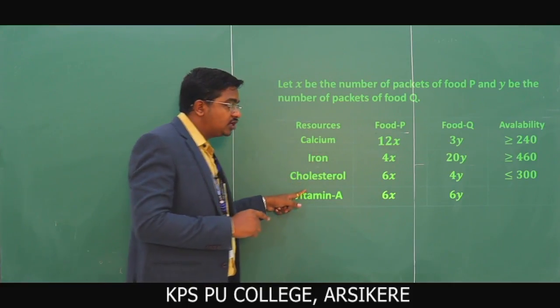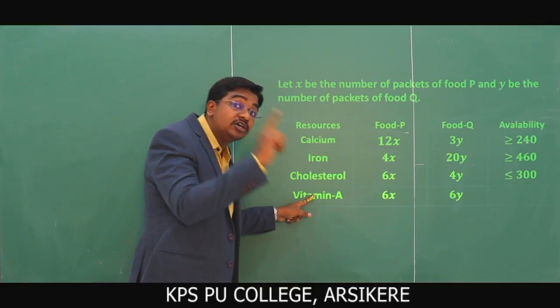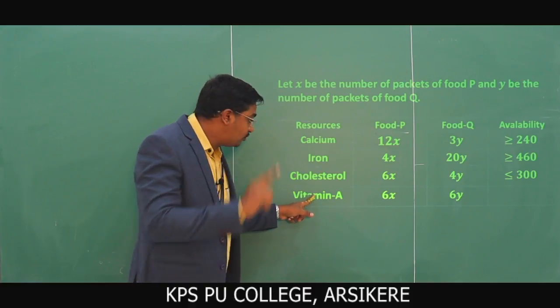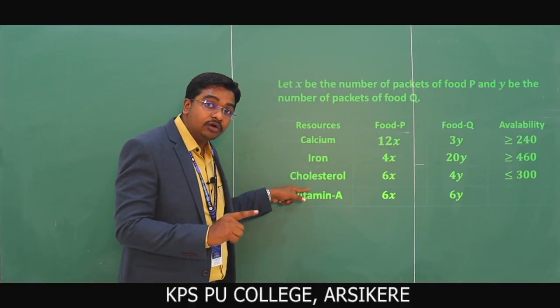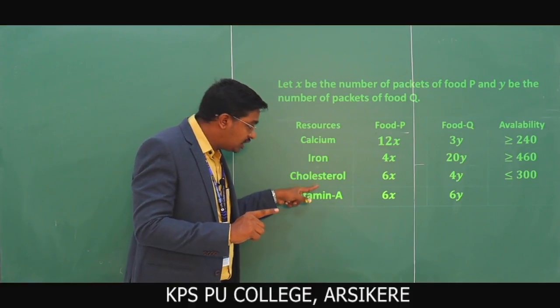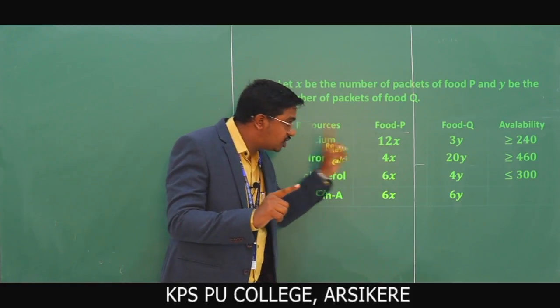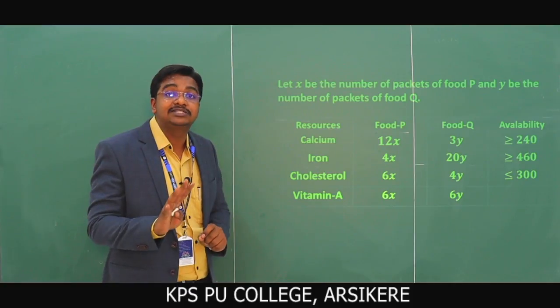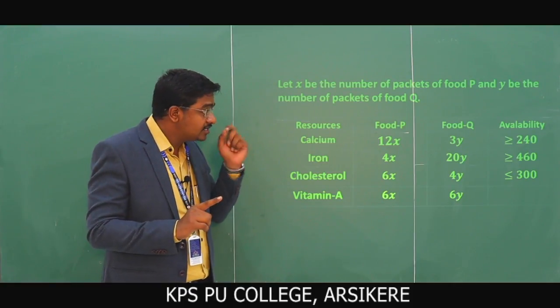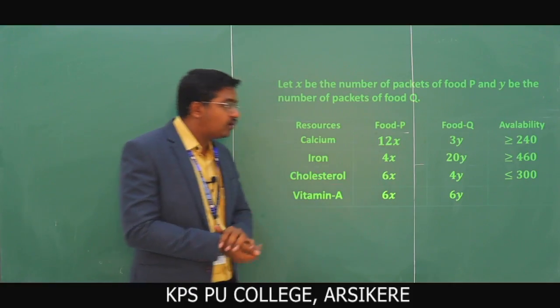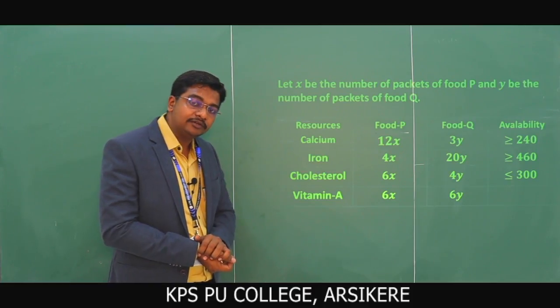What about cholesterol? Cholesterol is given as at most. So the total units of cholesterol used to develop food P and food Q cannot exceed 300. That becomes 6x plus 4y less than or equal to 300.